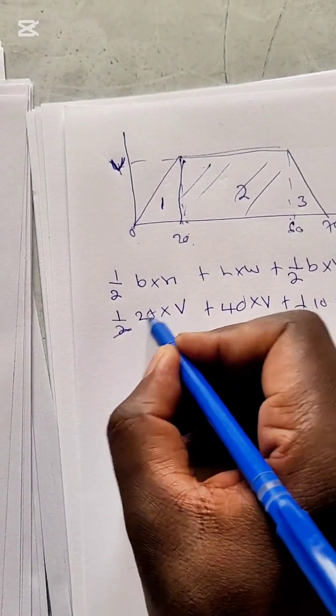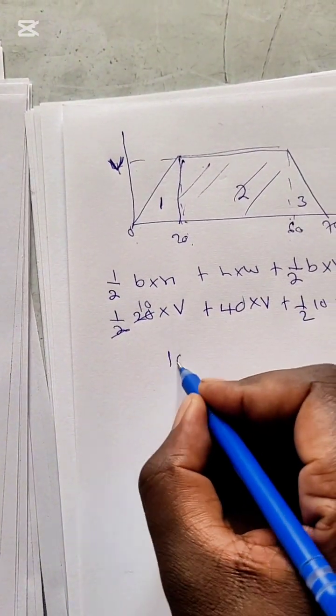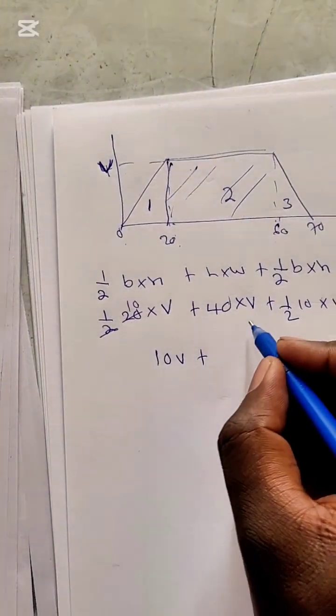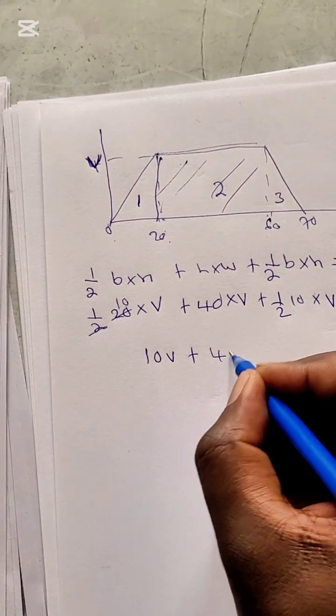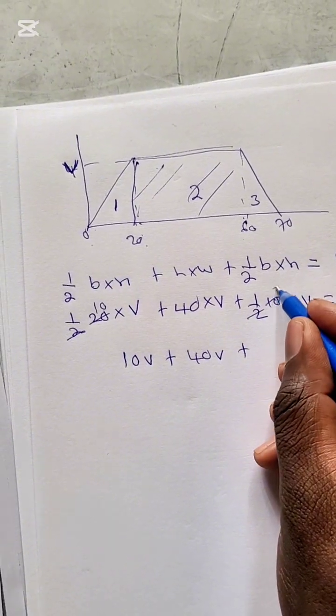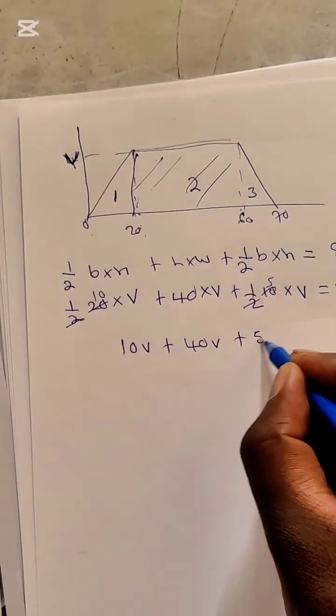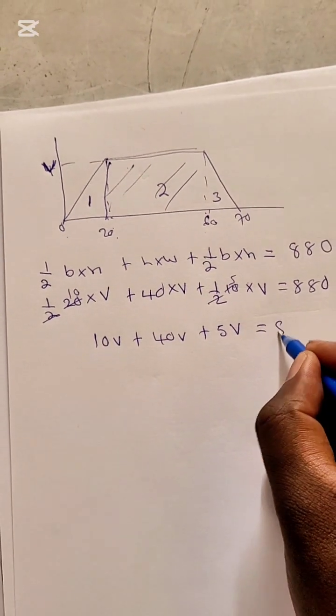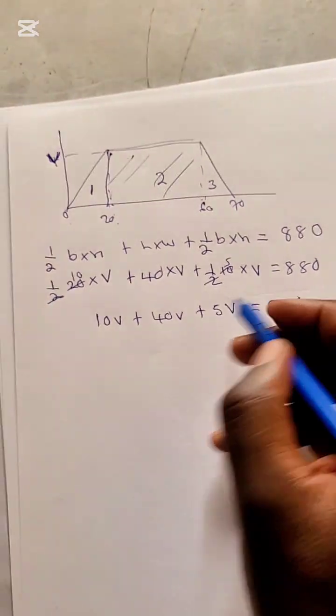So half of 20, that's 10. 10 times V is 10V, plus 40 times V, that's 40V, plus half of 10, that's 5, so 5V, equals 880.